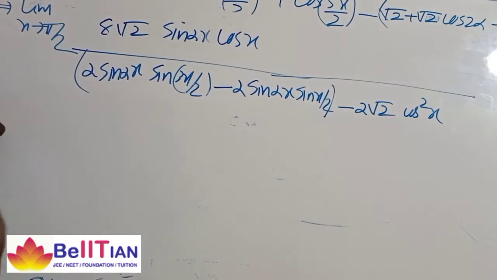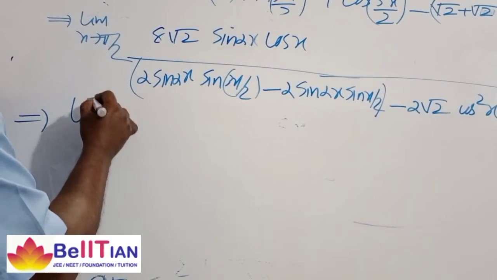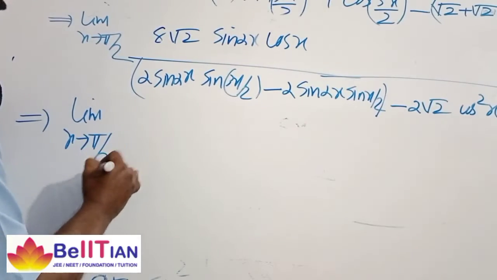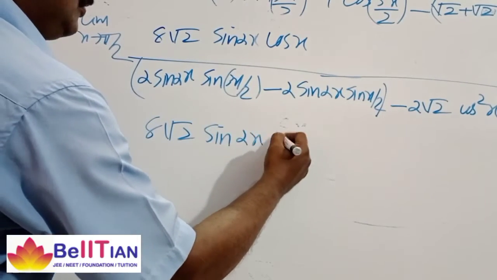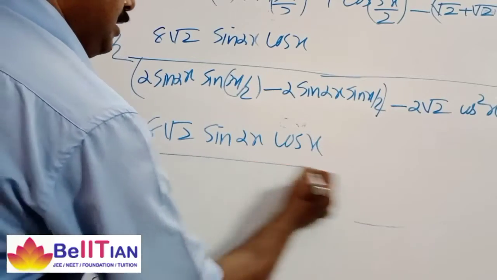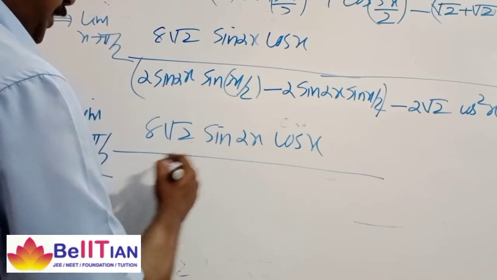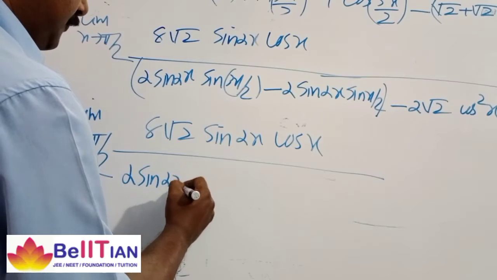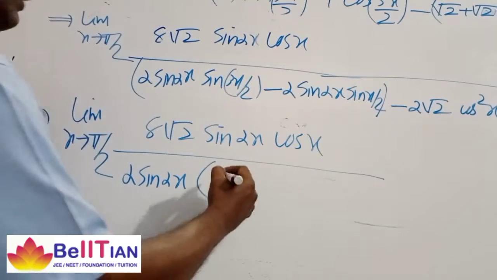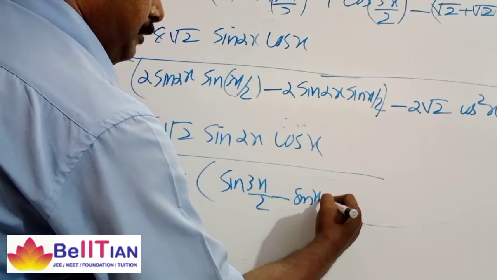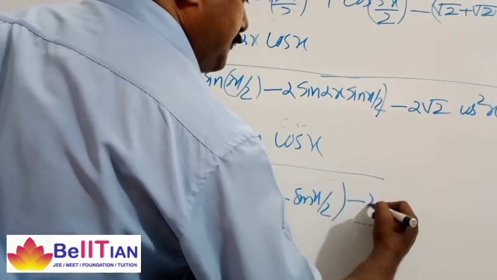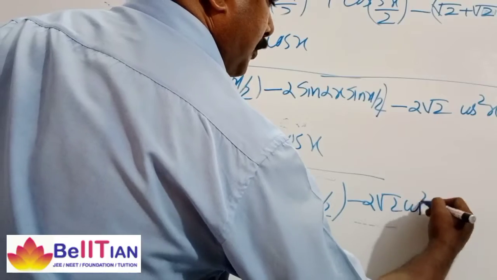So now I write this implies that limit x tends to pi by 2, 8 times root 2 sine 2x into cosine of x divided by, I take 2 sine 2x from here, 2 sine 2x into sine 3x divided by 2 minus sine x divided by 2, then minus of 2 times root 2 cos square x, isn't it?